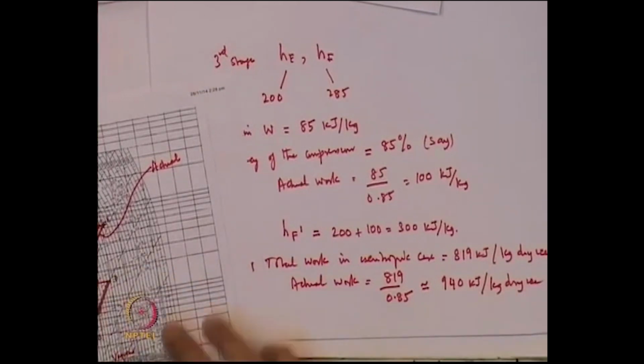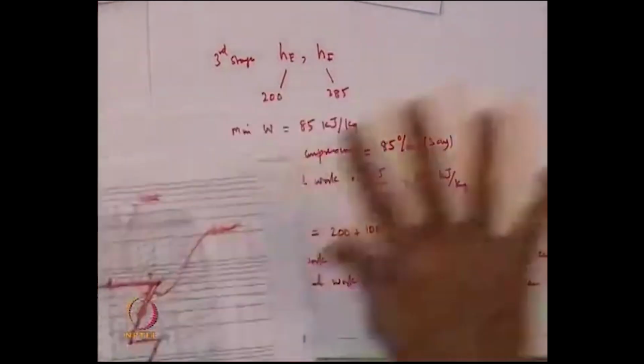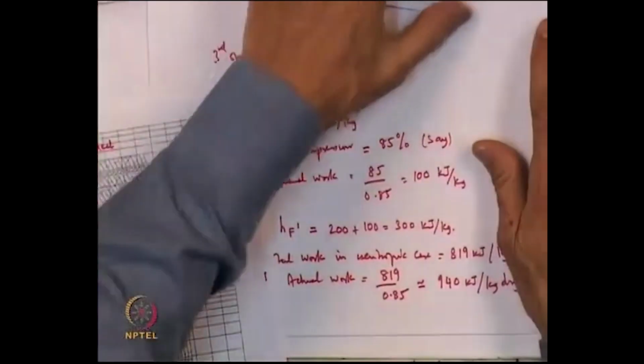So, you can see that with the chart available, knowing the efficiencies, you can actually get the actual work done. Therefore, you can get the work required in order to produce 1 kg of dry ice. So, if you do have the pH chart, it makes calculations much easier.